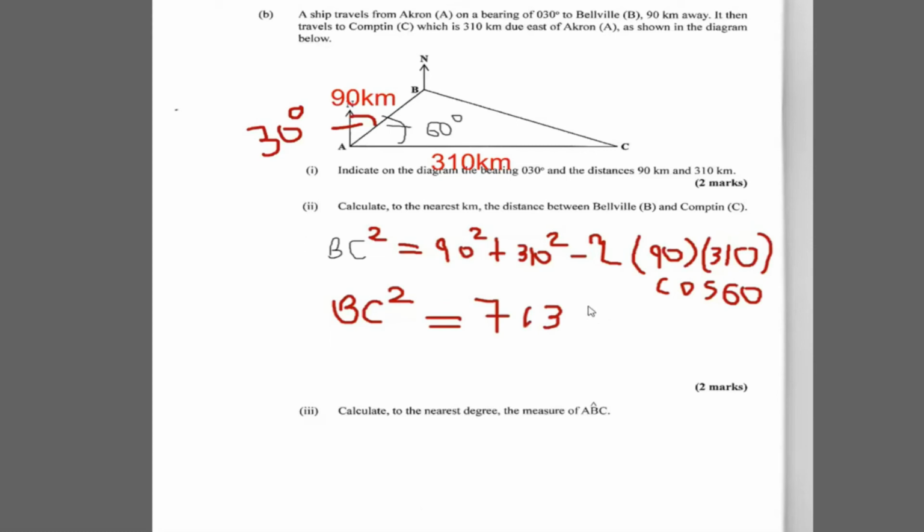Now that BC squared is 76,300, we square root it to find BC. I want it to the nearest kilometer. So when you square root it, you get BC is 276. BC is 276 kilometers.